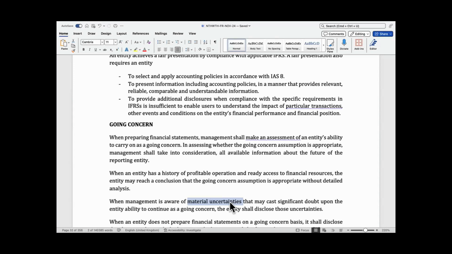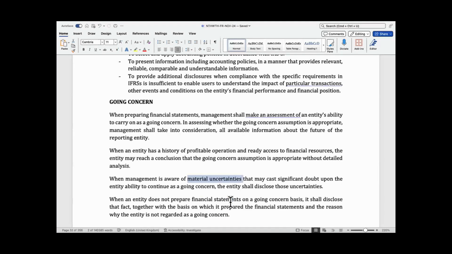So a lot of things could be a material uncertainty. So you as an accountant, you need to be aware of those indicators. If you see any of them that would affect your company, don't just prepare financial statements like usual. You need to state that this and this might affect our going concern. It's important so that users can make the right decision.